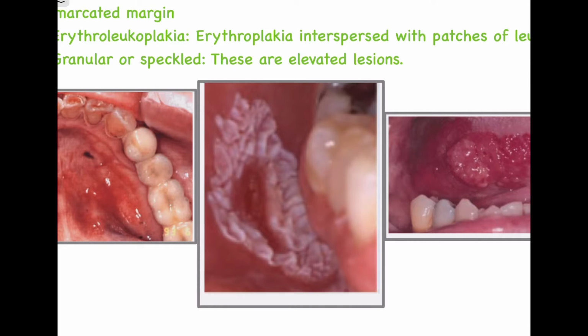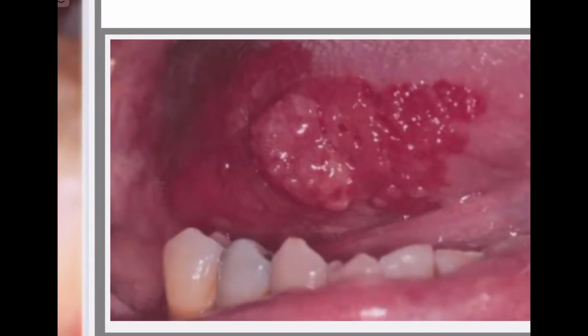The previous two variants, the homogeneous one and erythroleukoplakia, are essentially flat lesions and are not elevated over the surface. But this granular or speckled variant is somewhat elevated. Here you can see that the lesion is clearly elevated from its surface, hence it is named granular or speckled erythroplakia.